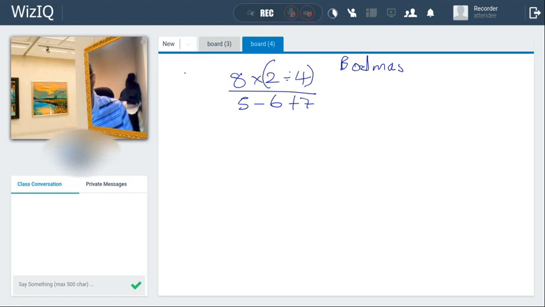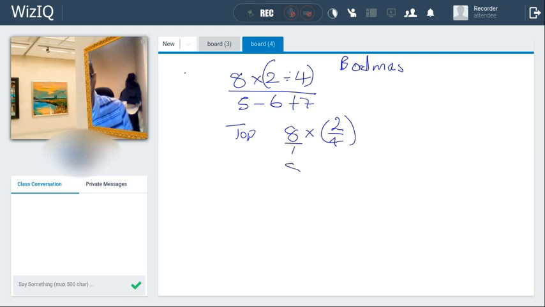So work at the top first. The top is going to be 8 times bracket 2 divided by 4, which is 2 over 4. If you want, you can take 8 as over 1.